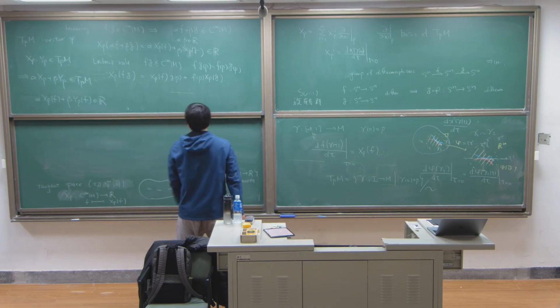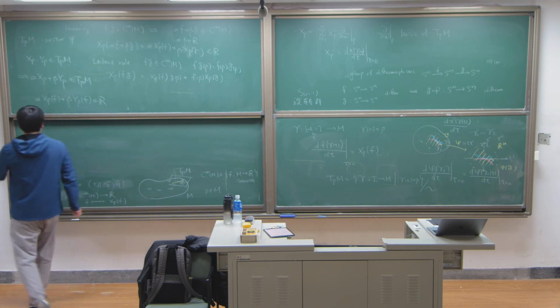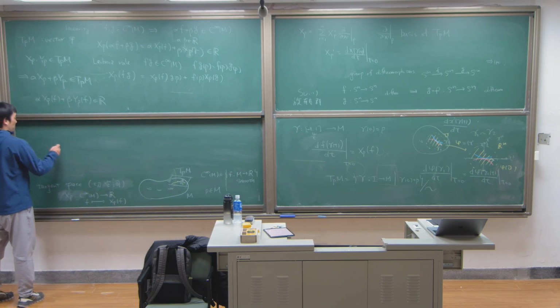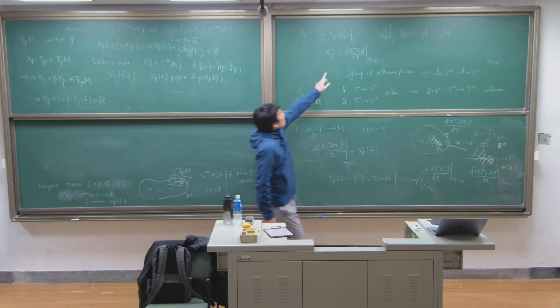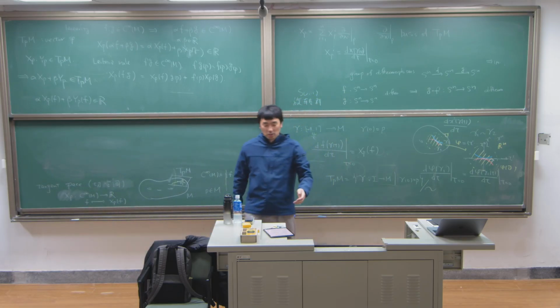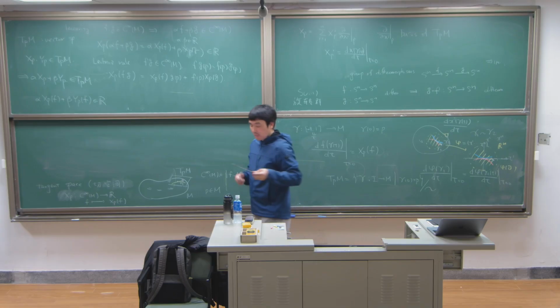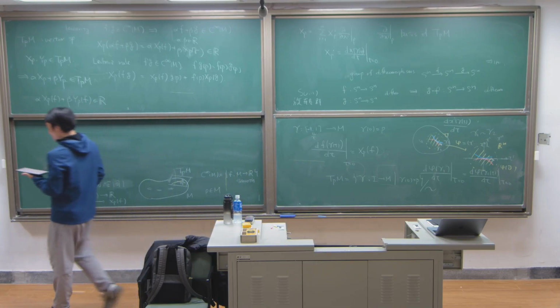So those are the basis. The tangent vector basis can be written as a derivative; it's just notation, and you can understand why it can be written like this.